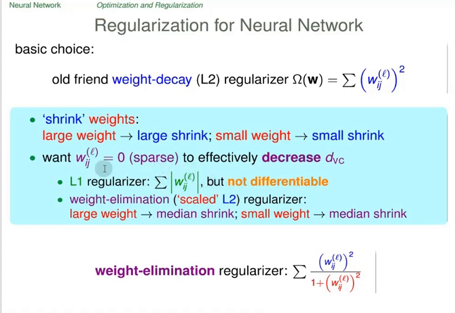But still, if you want to control the VC dimension of our neural network, we can formulate a scaled version of the weight decay regularizer, or L2 norm. This is also known as the L2 norm regularizer based on weight elimination, for instance, as follows.